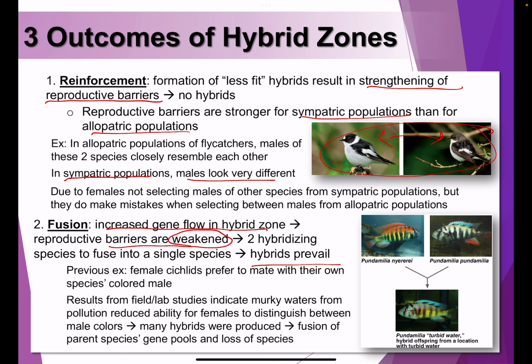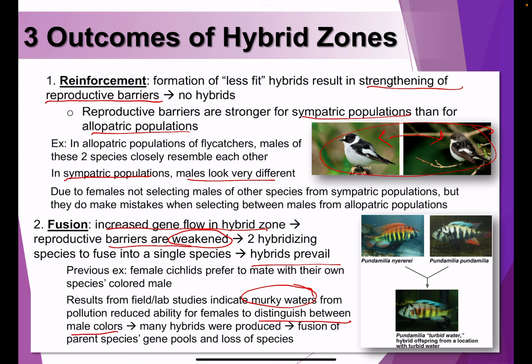Now, very interestingly, results from field and lab studies indicate that murky waters from pollution, again another change in the environment, have caused fusion in the hybrid zone, just like climate change. In this case, it's pollution, and that made the water very murky and cloudy. In that sense, it reduced the ability of females to distinguish between male colors.